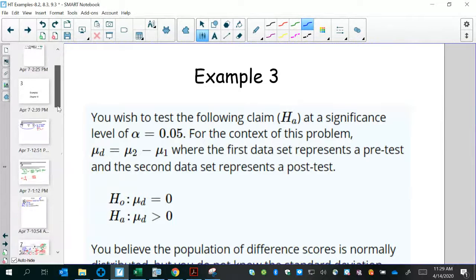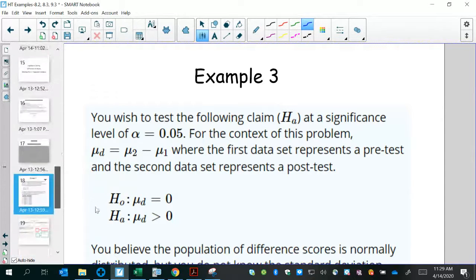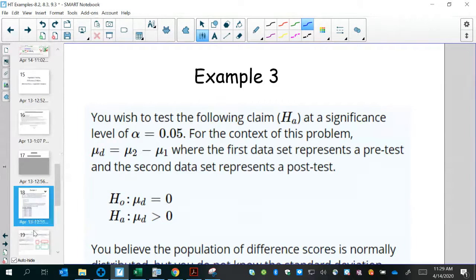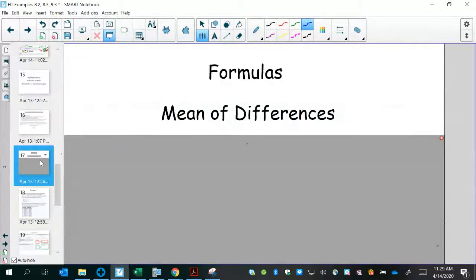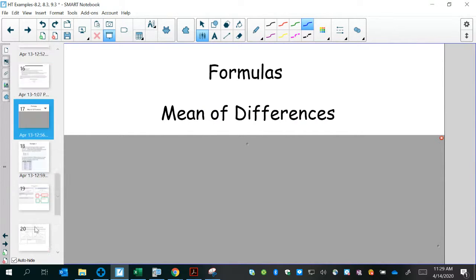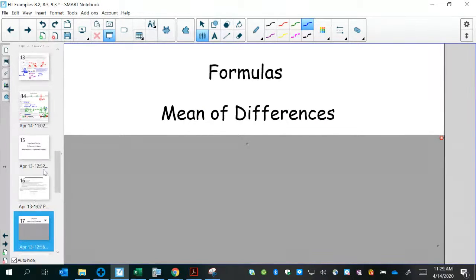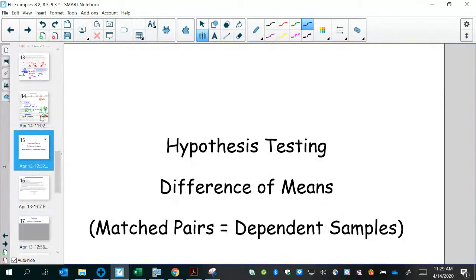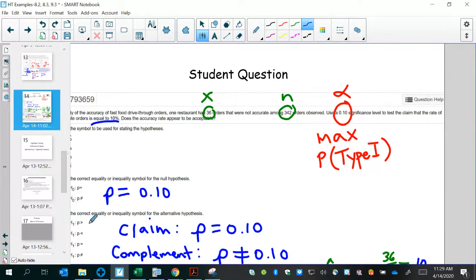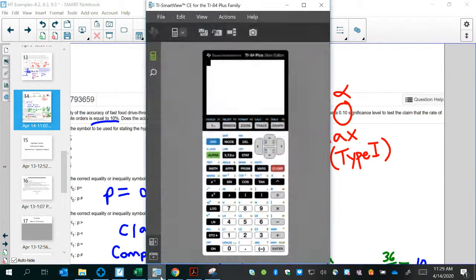I thought we could also, just for those of you who are interested, I just remembered that I can show you how to use the TI-84 calculator.